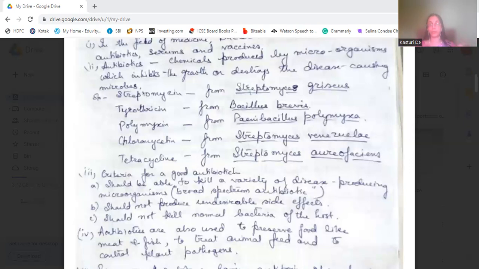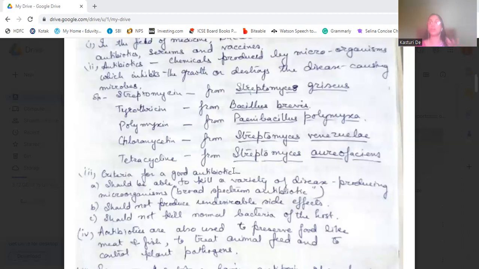Antibiotics are used to cure certain diseases, or rather to kill certain disease-causing germs or organisms. But there are also some other uses of antibiotics.